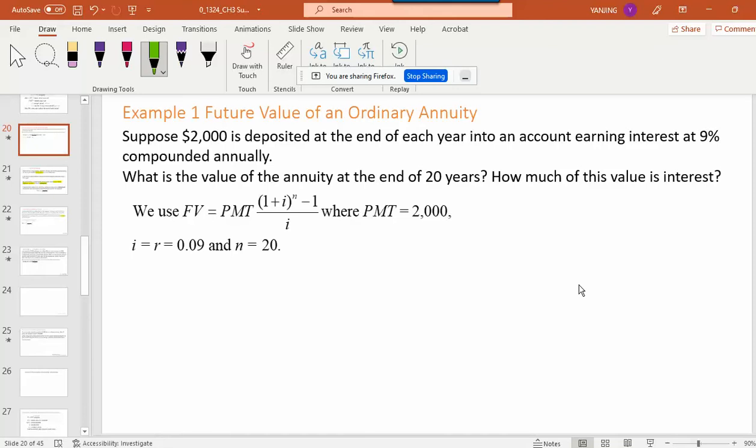You deposit every month. Like I said, if you deposit every month for 5 years, that's 60 deposits. So when you have an equal deposit every time, more than one time, it's called an annuity.